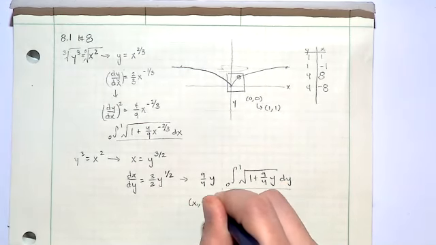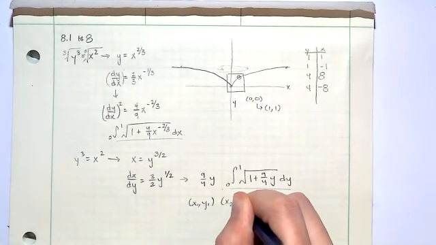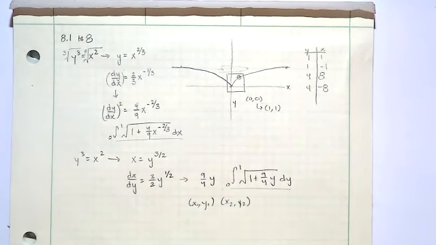So x1, y1, x2, y2. So you could use either one, really. If it marks both of them as correct, then you should have matching values for each of them. So it won't really matter if you use your one for x or your one for y.